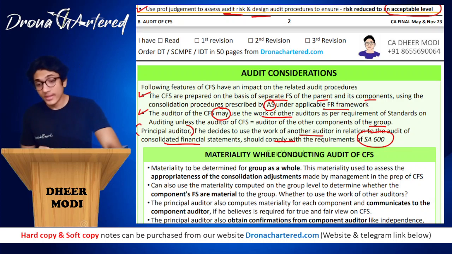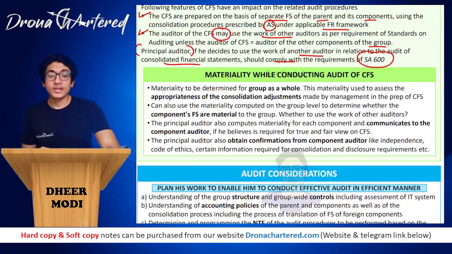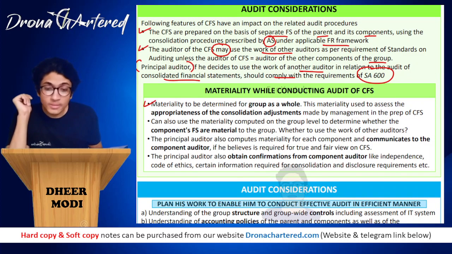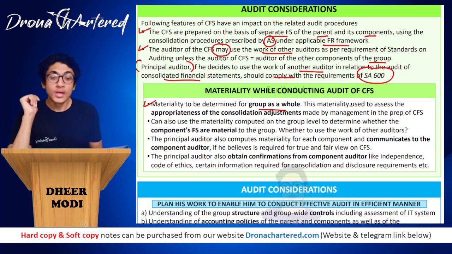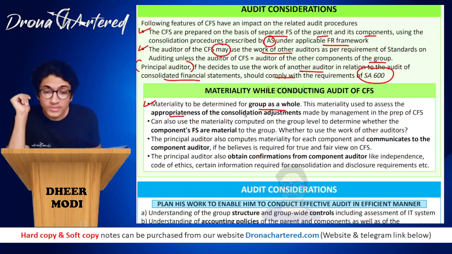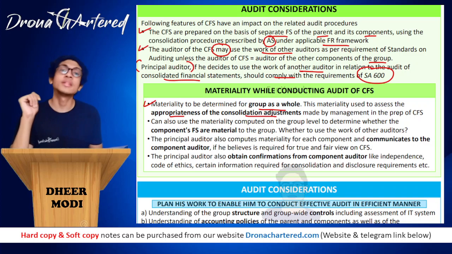Now, next is your materiality while conducting audit of CFS. Materiality should be determined for the group as a whole. This materiality is used to assess the appropriateness of the consolidation adjustments made by the management while they are preparing the CFS.